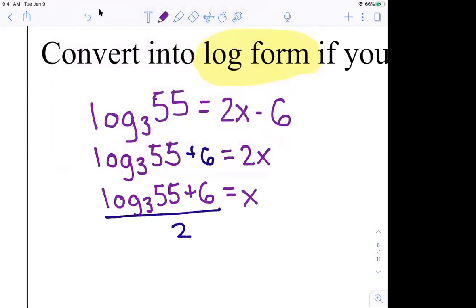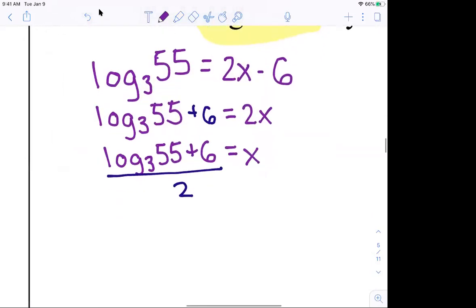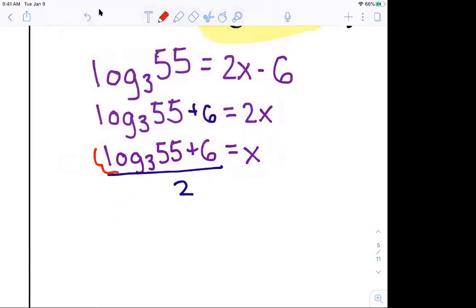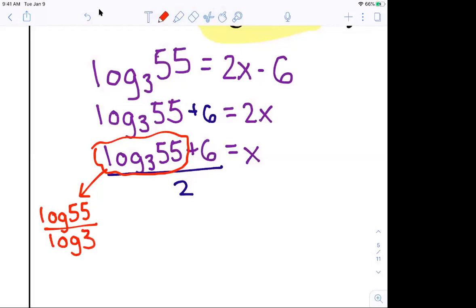And then you're done. You can type that on your calculator. To type this in your calculator, we already learned you're going to type log of 55 divided by log of 3. And then you can either hit enter or do this all at once, but I'm going to hit enter. And then I'm going to add 6, hit enter.